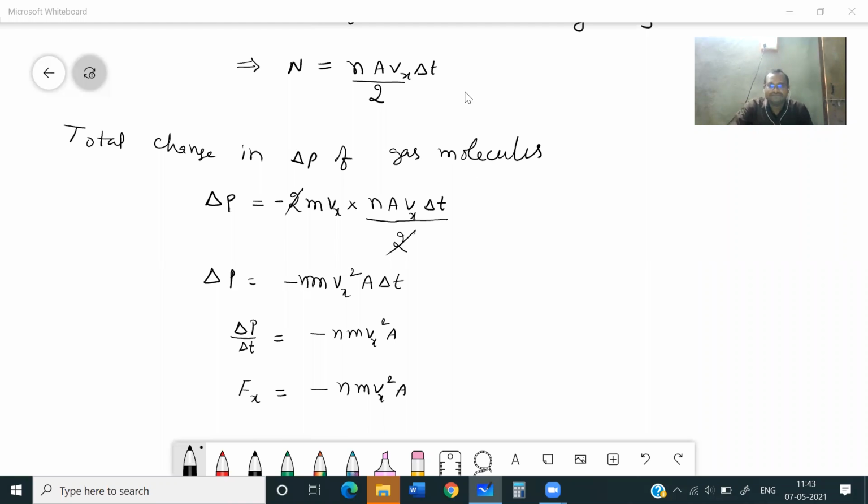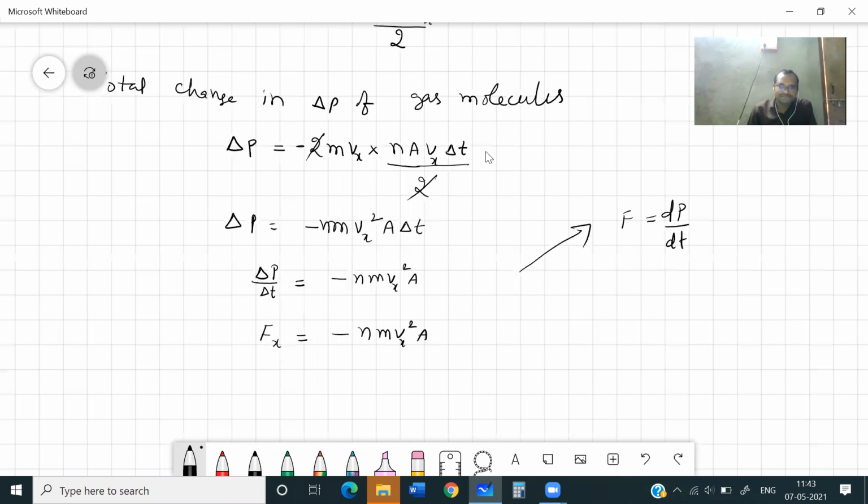Yes. F is equal to ma, but according to Newton's second law, F is equal to dp by dt, no. From there I am writing. Clear? dp by dt is force, we can write. Changing momentum by time is force. That's why. Okay. Yes.